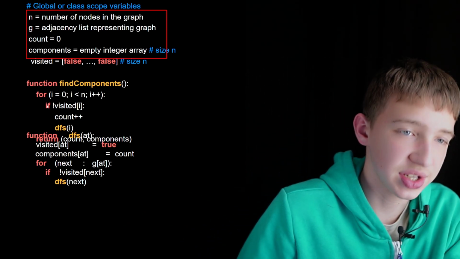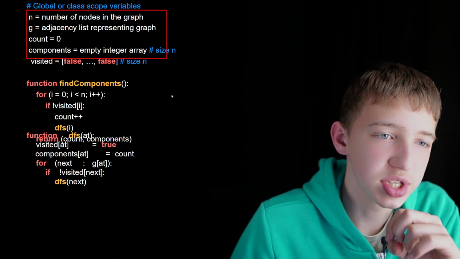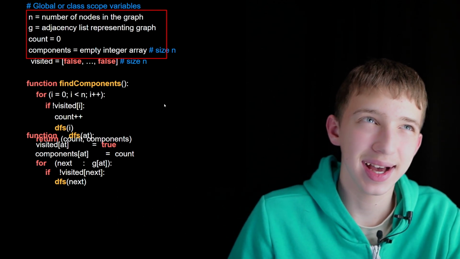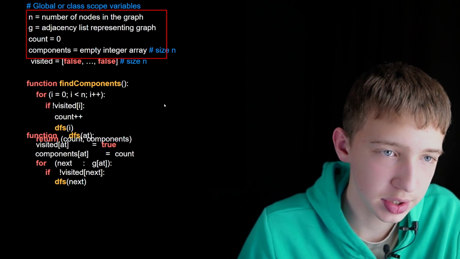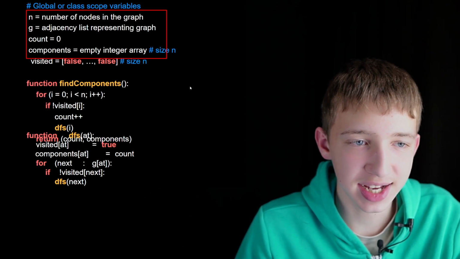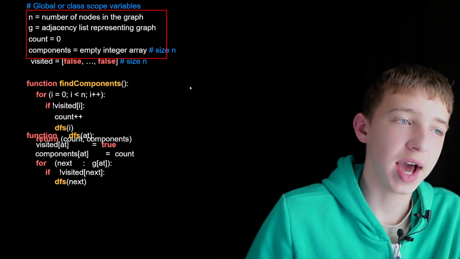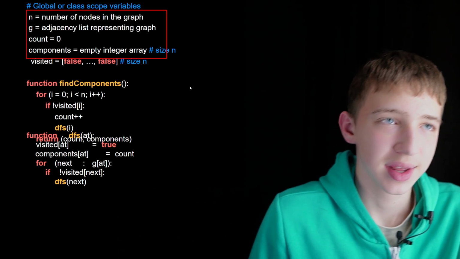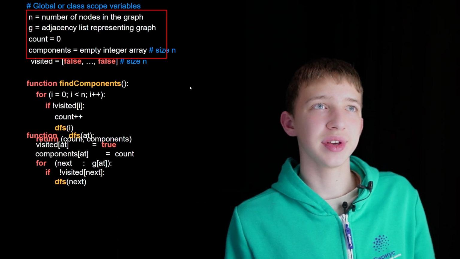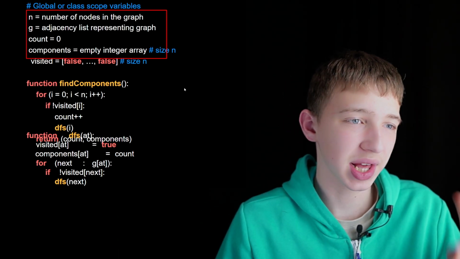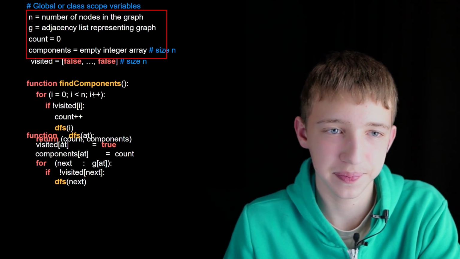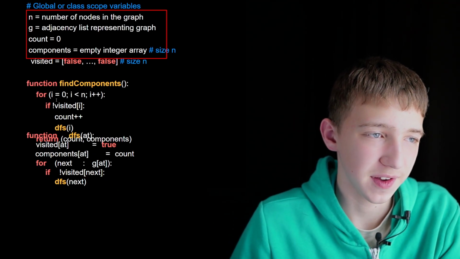It is not necessary here, because we can use the components array to identify whether this node has a component. So first we can assign each component ID to be equal to -1, -10 to the power of 9, something like that, or -infinity in different languages.